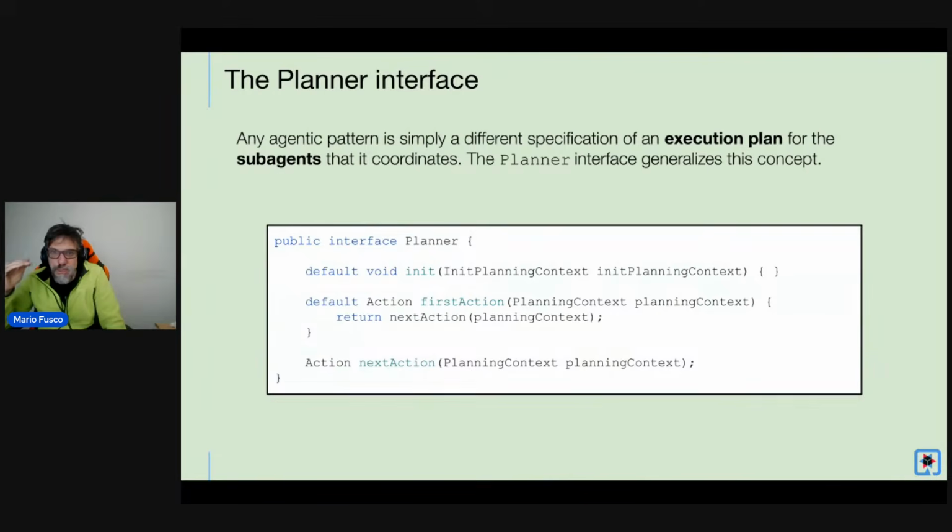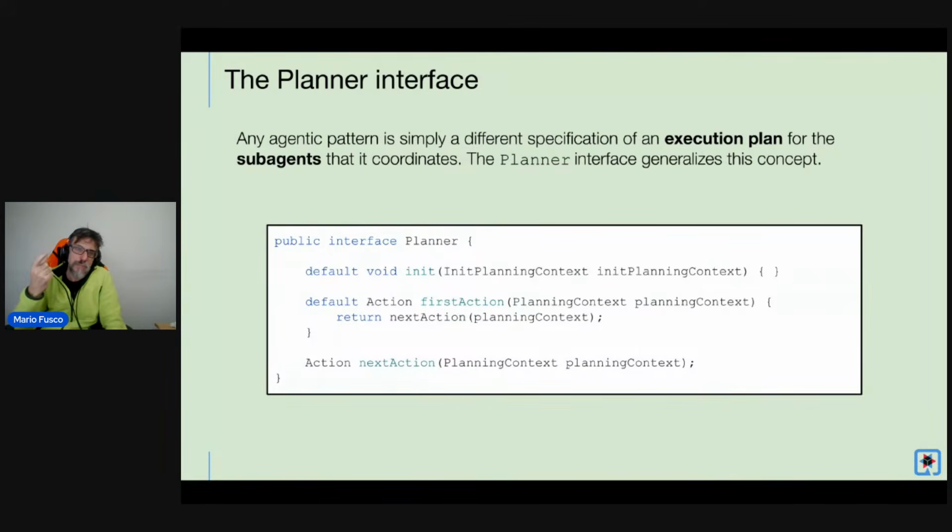In essence, what I introduced is this planner interface, which has basically three methods that you need to implement. You have a method that is called when your planner is initialized, and then the first action to take and the next action.